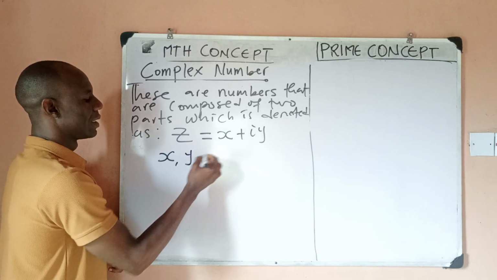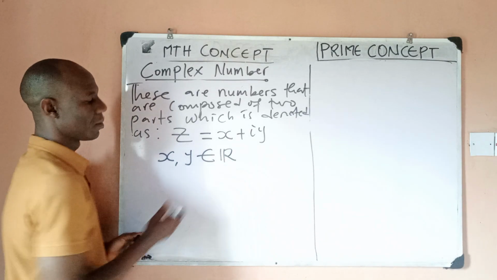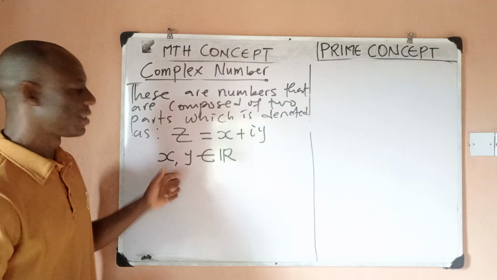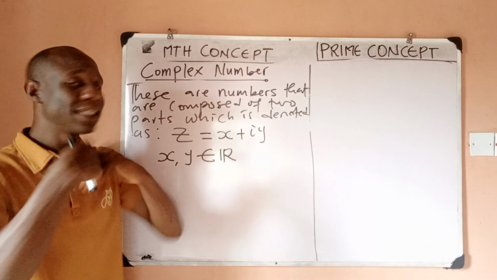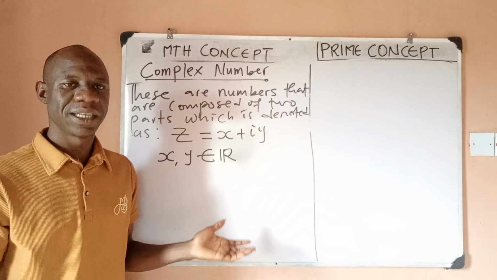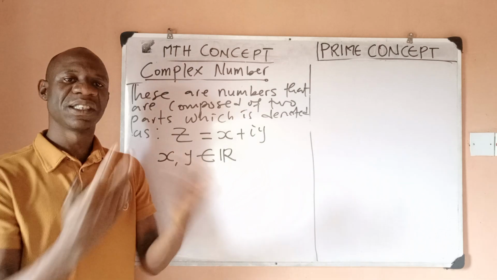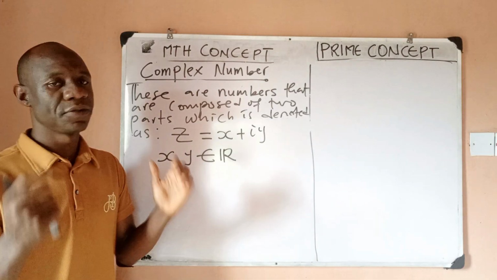x and y, they are all members of what we know as the real numbers. That is to say, x is a real number, y is also a real number. X can be any number you can think of. X can be 2, x can be minus 3, x can be 1, x can be 0.5, x can even be 0. Y can be any of these numbers.